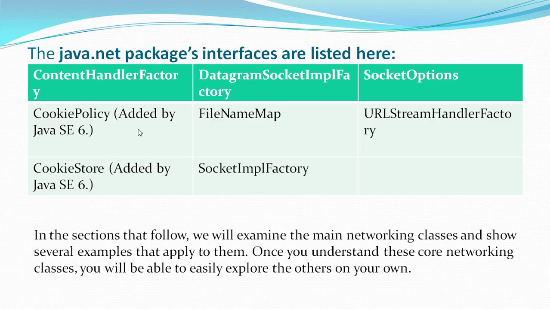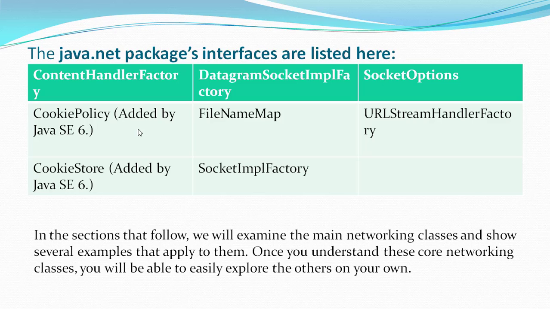The java.net package interfaces are listed here. First is the ContentHandlerFactory, CookiePolicy, which was added by Java SE 6, CookieStore, DatagramSocketImplFactory, FileNameMap, SocketImplFactory, SocketOptions, URLStreamHandlerFactory.